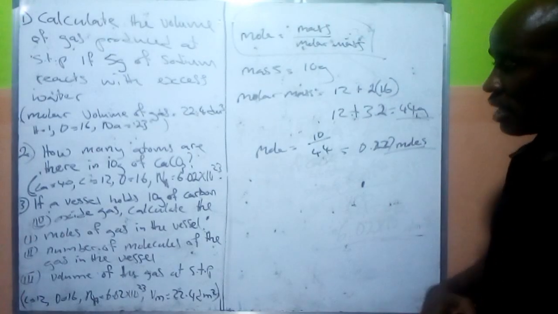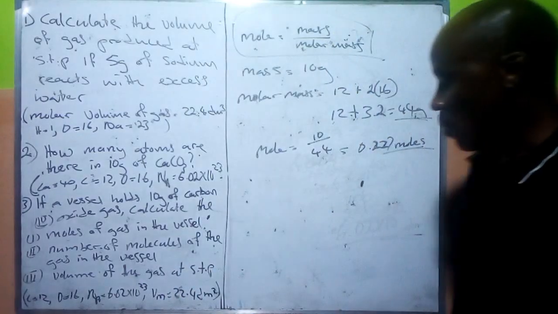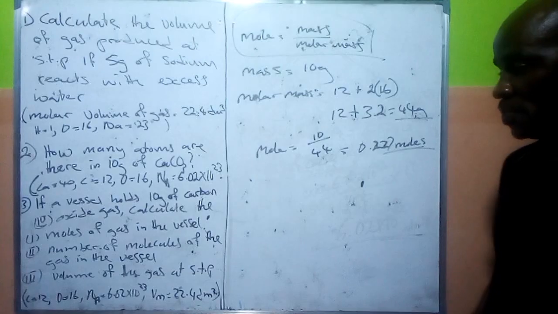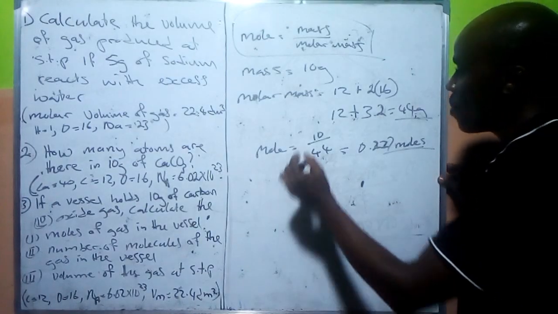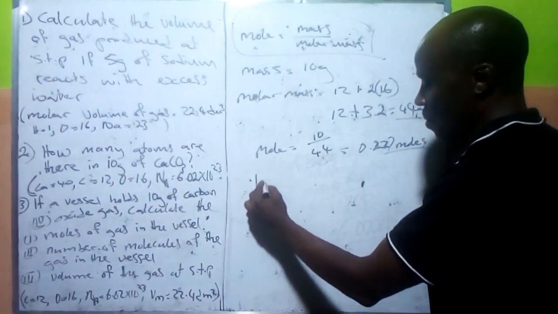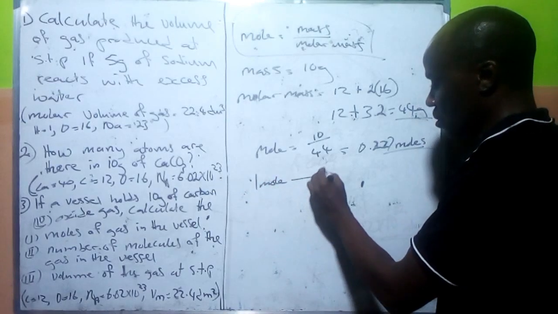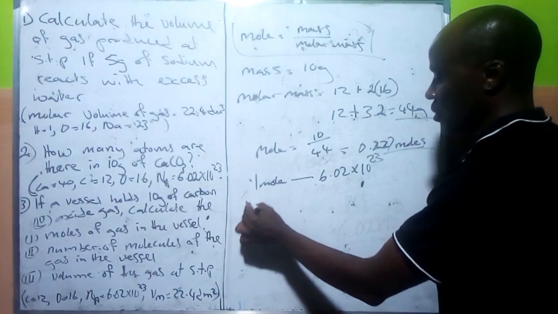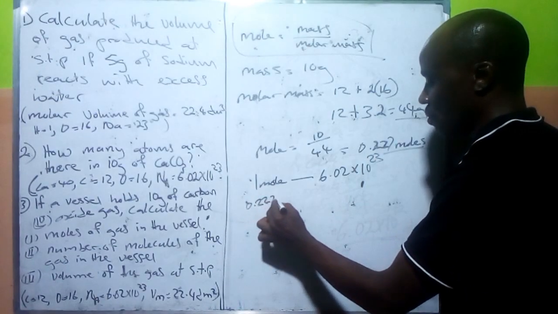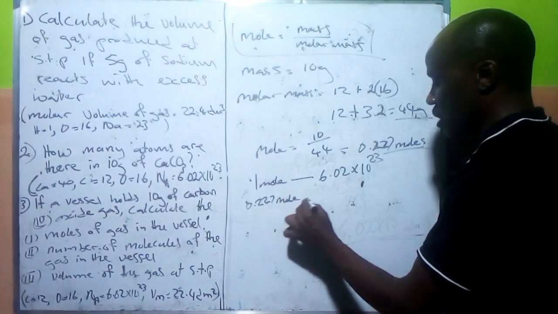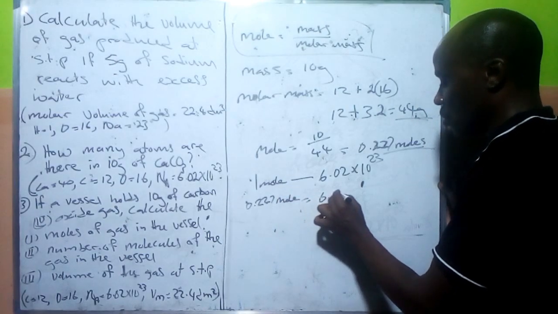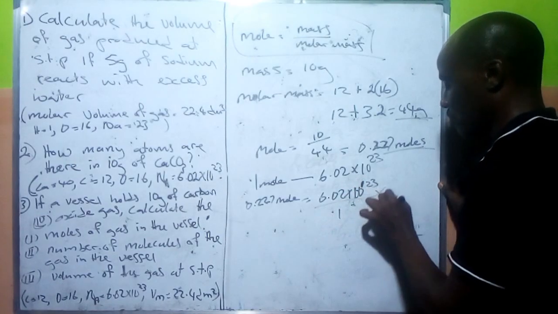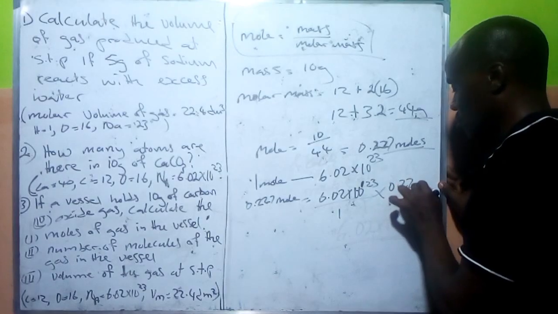The next question asks for the number of molecules in the gas in the vessel. Now we know that 1 mole contains 6.02 times 10 raised to the power 23. Then 0.227 mole would be 6.02 times 10 raised to the power 23 all over 1, multiplied by 0.227.